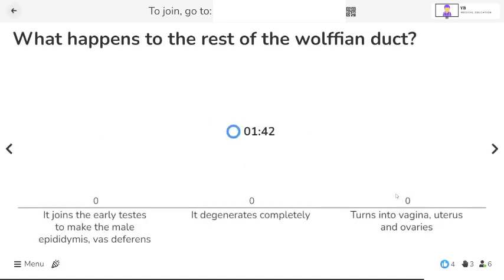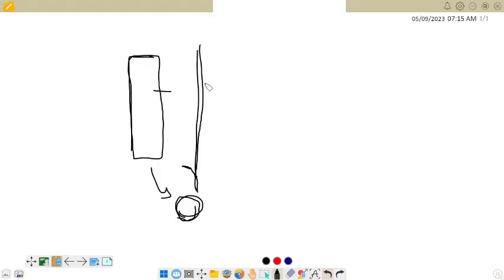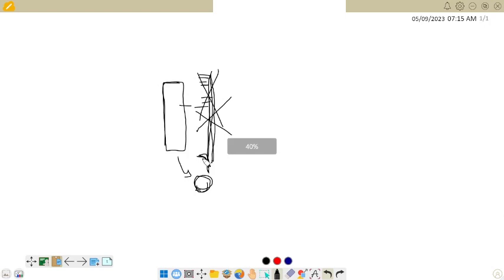Okay, question 23. Let's go to the whiteboard quickly so that I can show you something. Like I told you, this is the mesonephric duct that we talked about. It gives rise to the pronephros, the mesonephros, and eventually the ureteric bud, right? The interesting thing is that all this degenerates. But eventually the mesonephric duct, in addition to creating the ureteric bud, also creates some other reproductive structures.